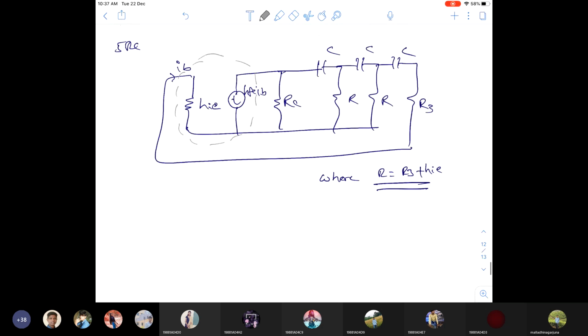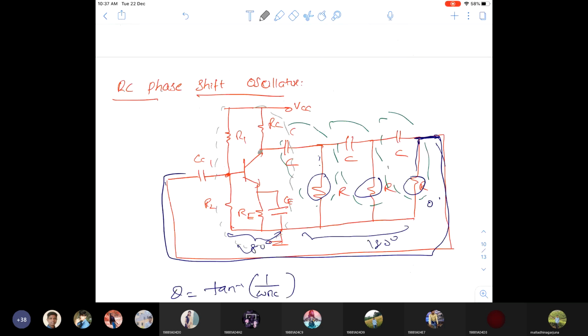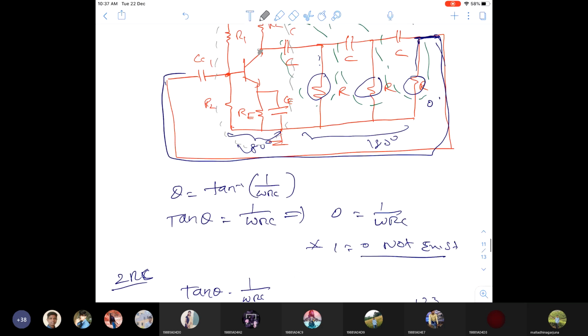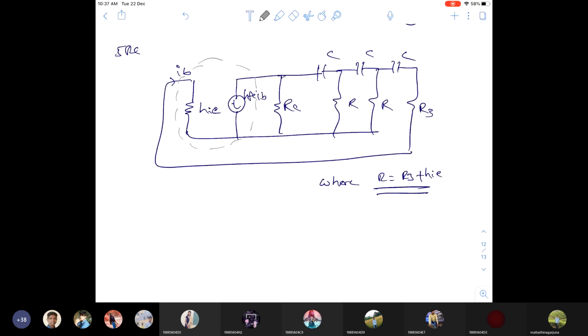Next, RC is connected from collector to ground. This VCC is ground now, so this is connected to ground. So RC will come from collector to ground, and the three RC networks I'm drawing the same. So this is RC. Here, look at what I'm doing: the last resistance is connected to the input. So the total resistance, HIE and R3 together, I call R resistance.